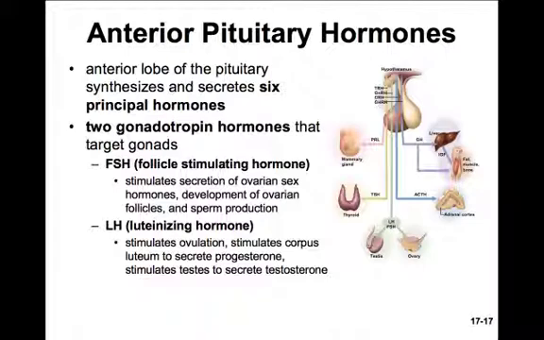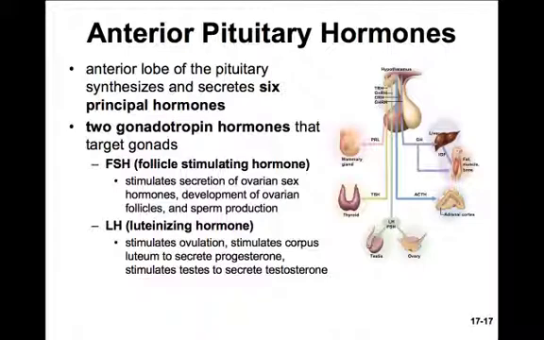These hormones target the gonads, the ovaries, and testes. The first one is FSH, follicle stimulating hormone, and the second is LH, luteinizing hormone. Now, both of these are named for their function in the female. However, they are found in exactly the same form in the male. They were just noticed in the female first and named there.